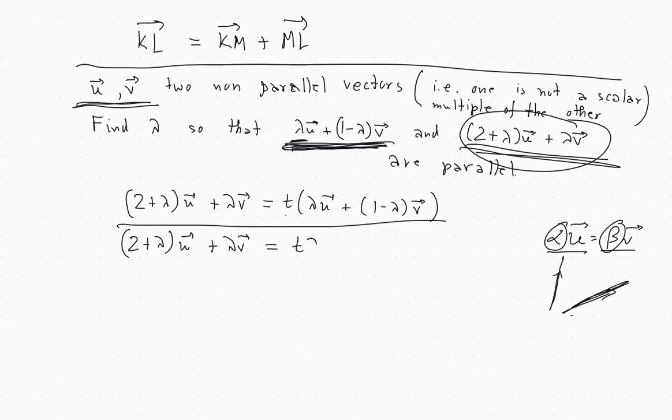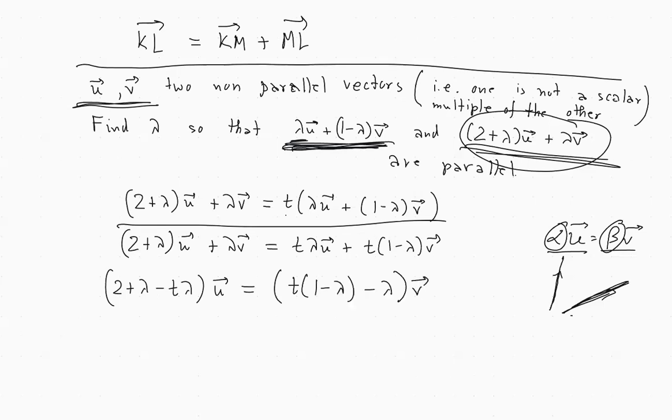And now let's put the U's together. So we will have (2 + lambda - T lambda) times U, and take the lambda V over to the other side, and that would give you T(1 - lambda) times V. So these two have to be equal to each other.